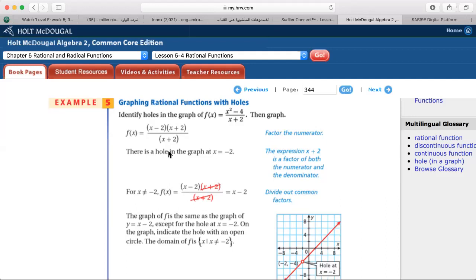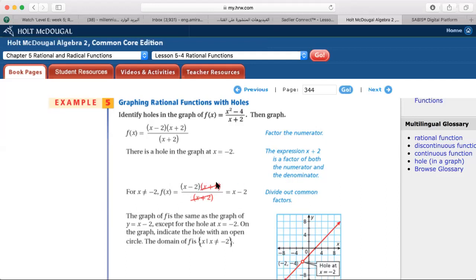So there is a hole in the graph where x is equal to negative 2. Why? The expression x plus 2 is a factor of both the numerator and the denominator. So divide out common factors.